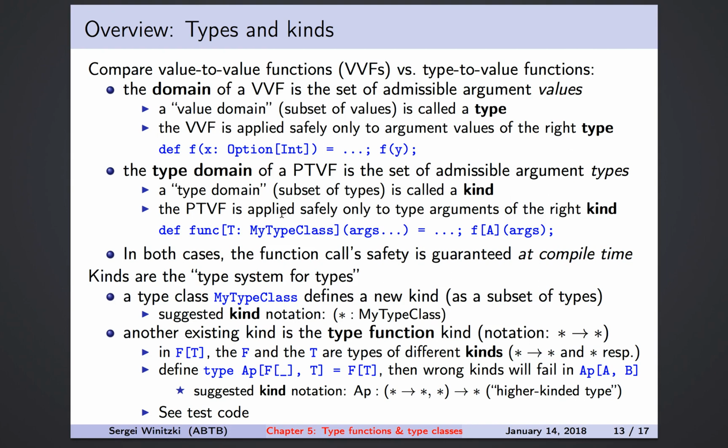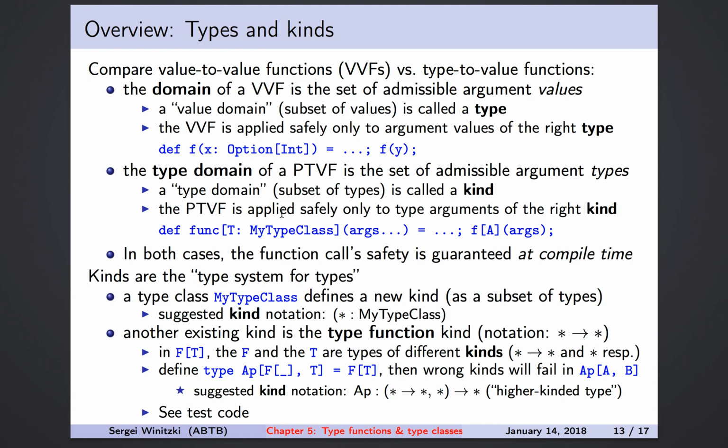For example, if the function takes an integer type of argument, then strings are not admissible, arrays of something are not admissible, nothing else except integers are admissible. So the set of all integer values is the value domain of that function. And that's what we call a type. The function can be applied safely only if the argument is of the correct type.